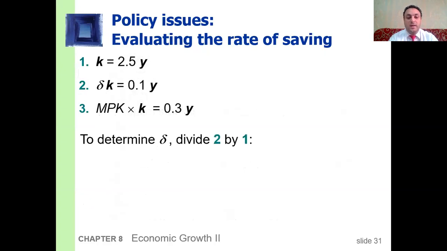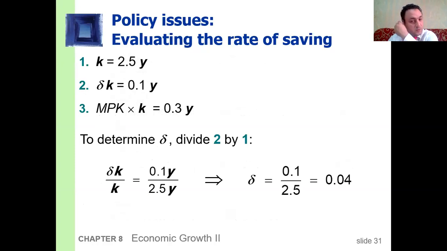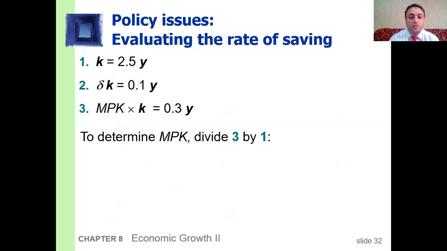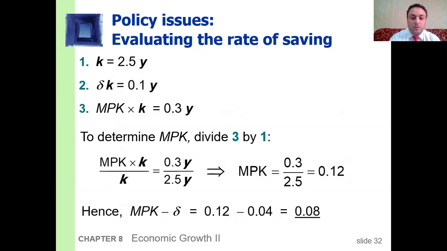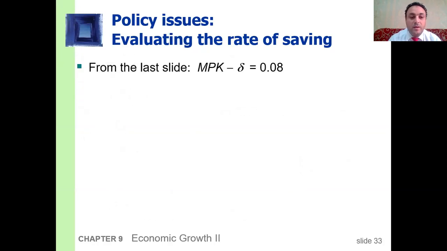Using this data to determine the depreciation rate, we find it is 4%. Also, to determine the marginal product of capital, it will be 12%. So 12% minus 4% will be 8%.